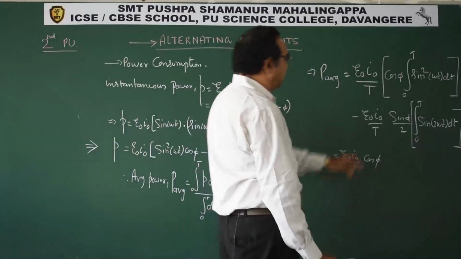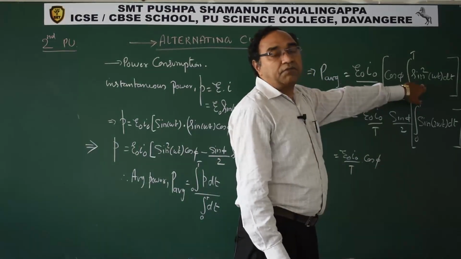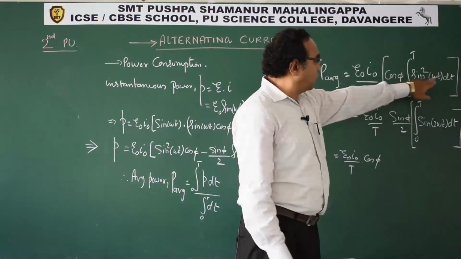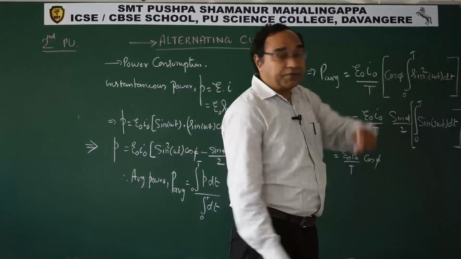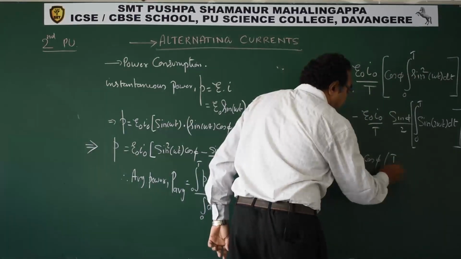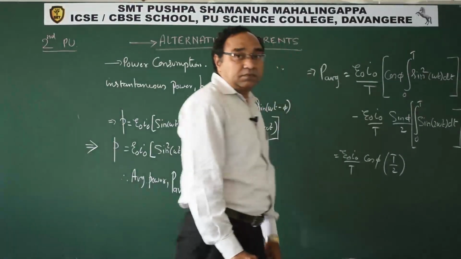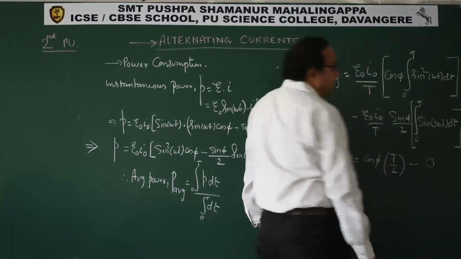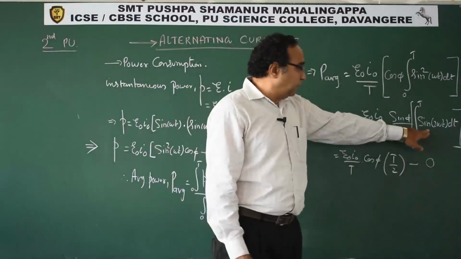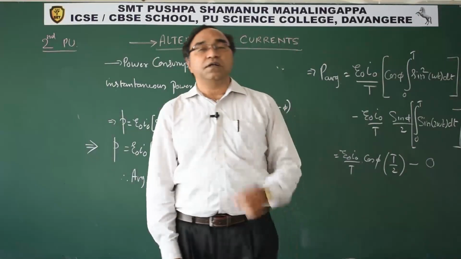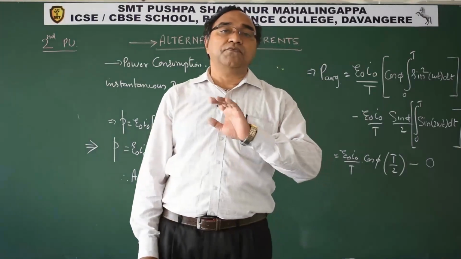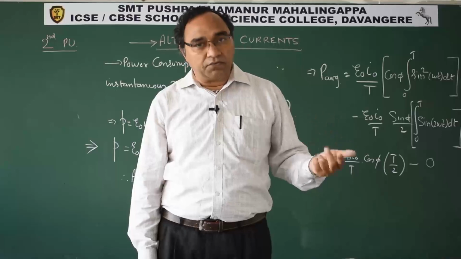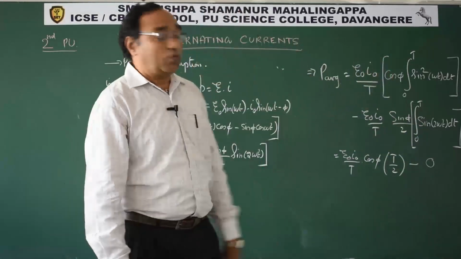What will be the first integral? We have seen this in effective value of AC when we did the derivation. Integration of sine square omega t from 0 to T over one complete cycle is T by 2. What about the second? This will be 0 because it is sine 2 omega t, a continuous function which varies from minus 1 to plus 1, so the average of such a variation will be 0.